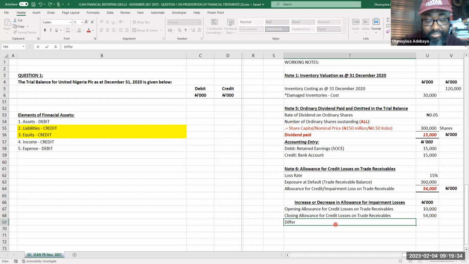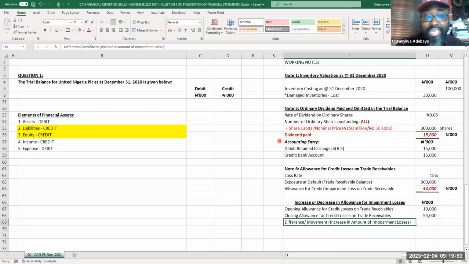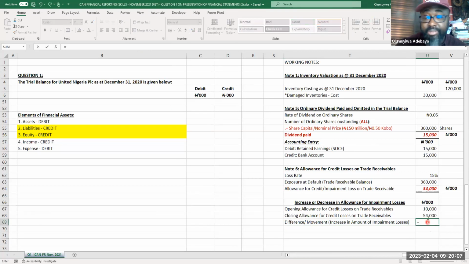Therefore, the difference or movement, what can we call it? Is there an increase or a decrease? You can write it. Okay, I can see you writing. Increase, yeah. There is an increase in the amount of impairment losses. And therefore, if it's an increase in a loss, is it an expense or an income? It is an expense. Therefore, and that is that.